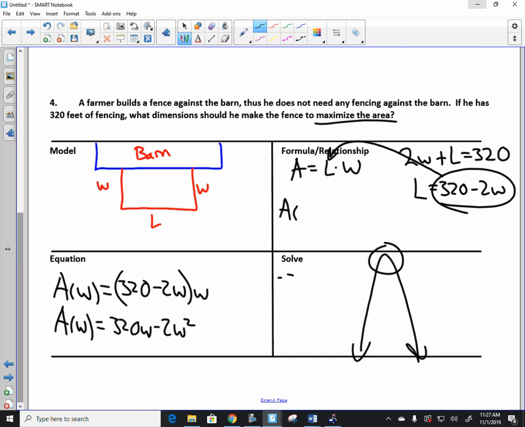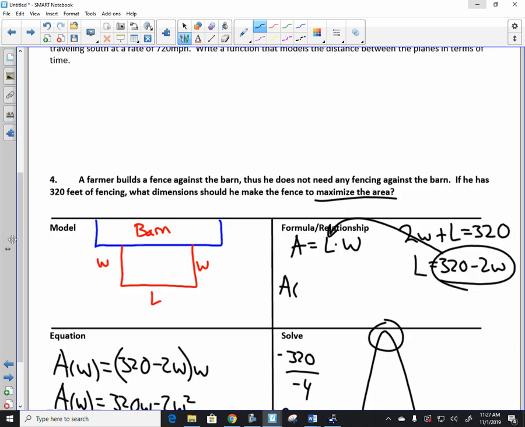Negative b over 2a, negative 320. Divide by 2a, negative 4. I get 80. What does 80 represent? The width. If I plug it back into this, what would I get? The area. Do I want the area? No, I want the dimensions. So it's going to be 80 feet by what?